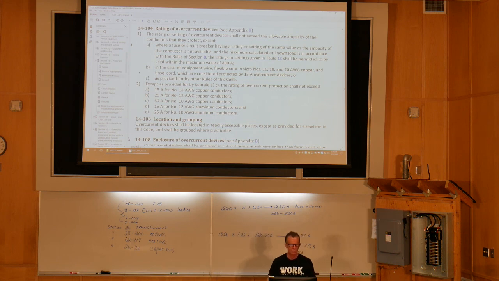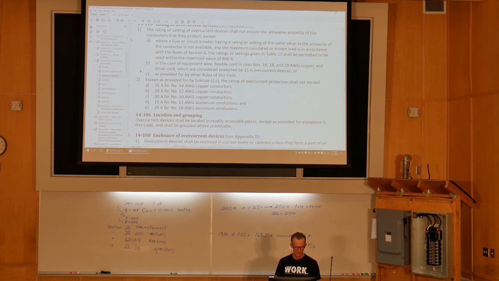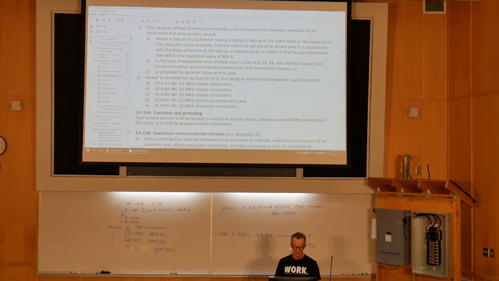Then, when we come down to sub-rule 2, it tells us here, except as provided for by sub-rule 1C, the rating of overcurrent protection shall not exceed 15 amps for number 14 AWG copper, 20 amps for number 12 AWG copper, 30 amps for number 10 AWG copper, 15 amps for number 12 aluminum, and 25 amps for number 10 aluminum.